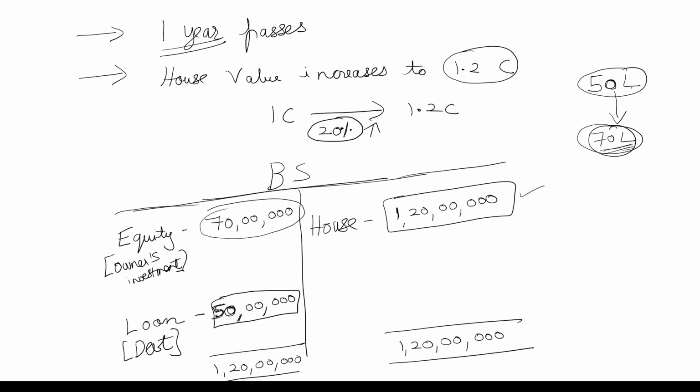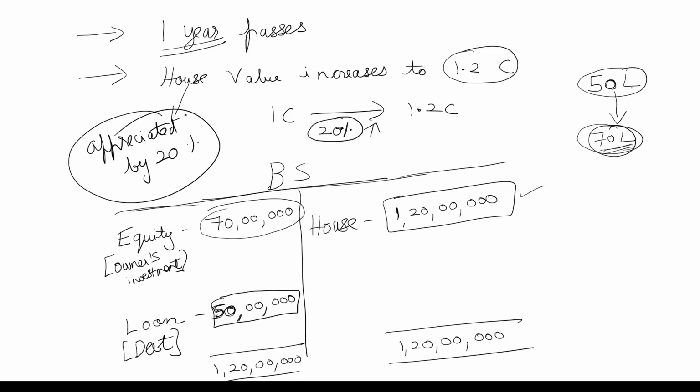I'm going to spend some time now to analyze the numbers and try to understand what has happened. When the property value has increased to 1.2 crores, in other words, the property has appreciated by 20%, I want to analyze what has happened because of that.